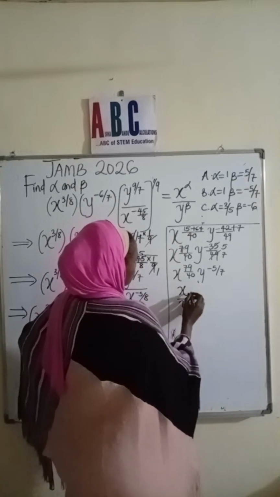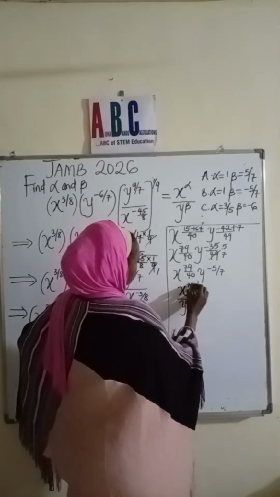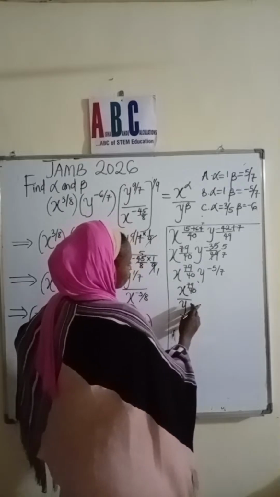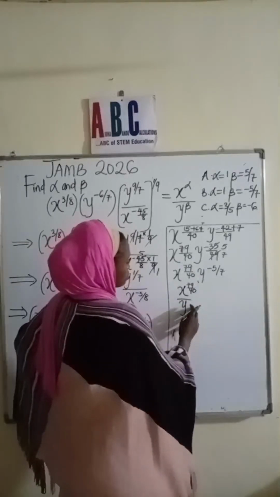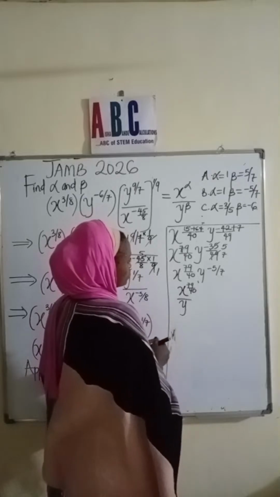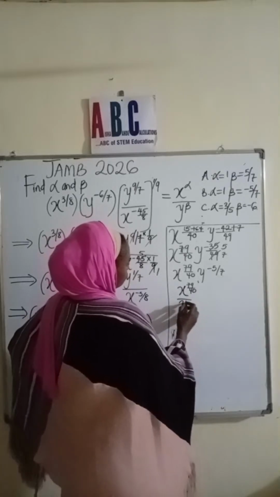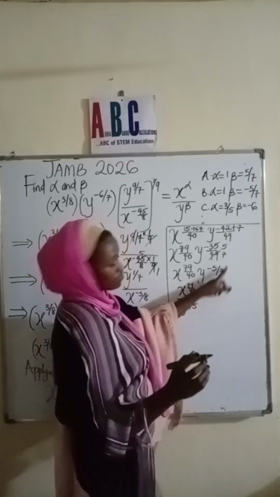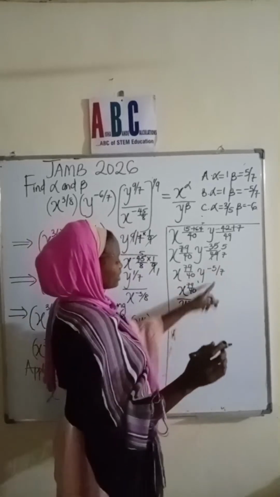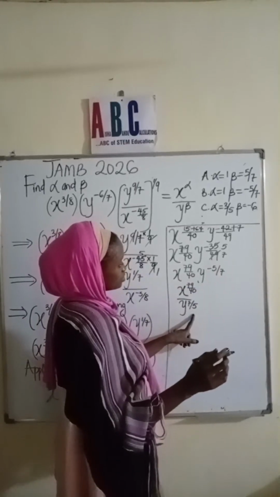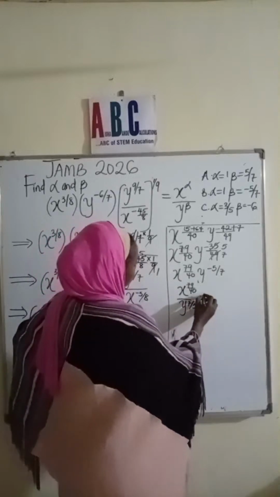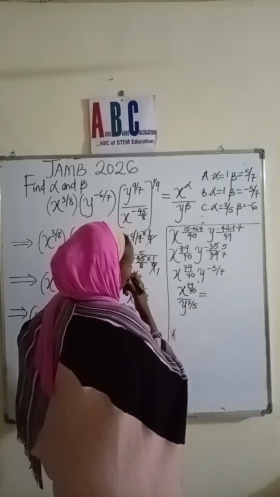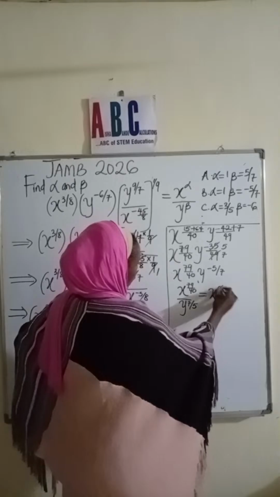Okay. 79 over 40. Then for the y, what will I put? Seven over 5. Please hope you understand why it is 7 over 5, guys. We are taking the inverse of it, right? Okay, Mr. Larry, go on. X is power alpha.